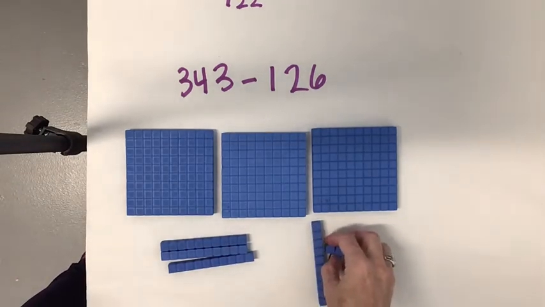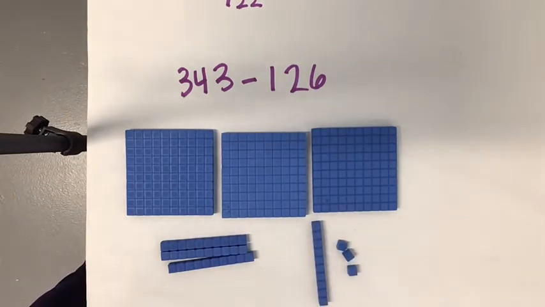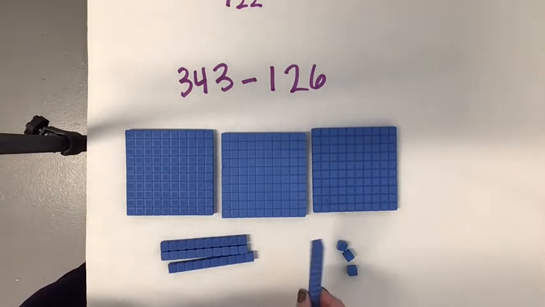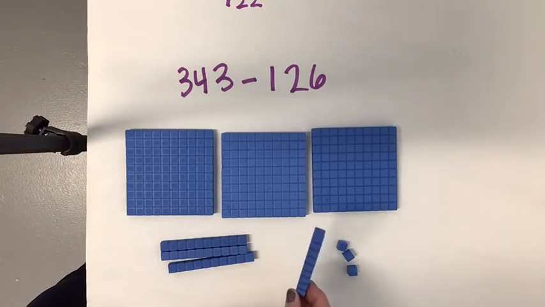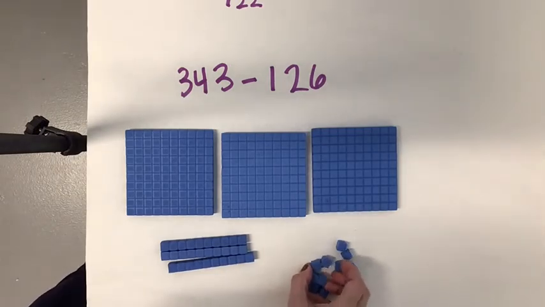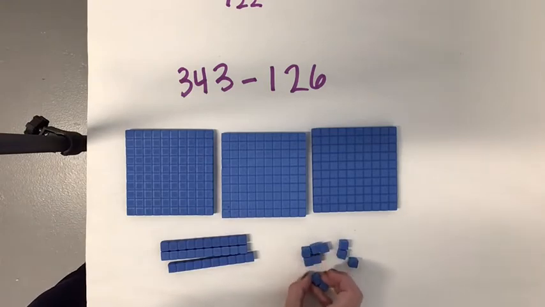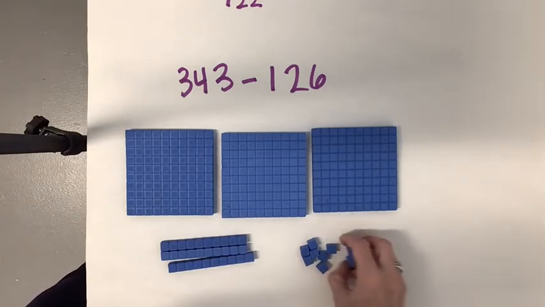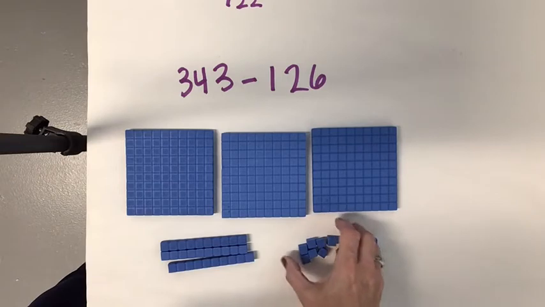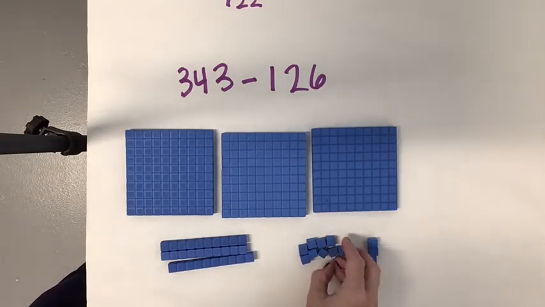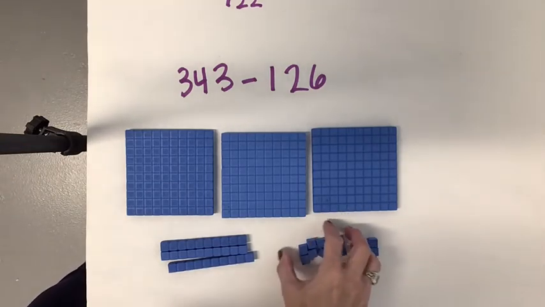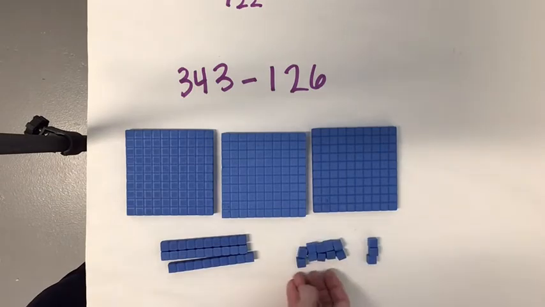Now, if I have a student who still needs to actually see how I'm going to separate those, I need to turn this rod into 10 units so they can see that I have put 1, 2, 3, 4, 5. I'm going to move our 3 over here so we can show them that there's 10. 8, 9, 10. So I still have the same number.